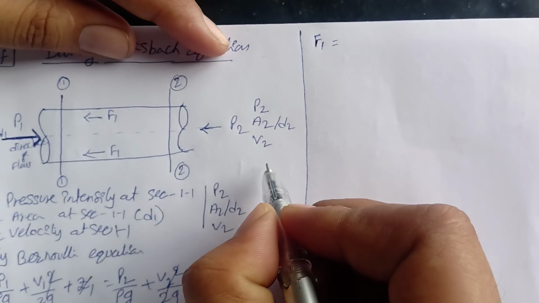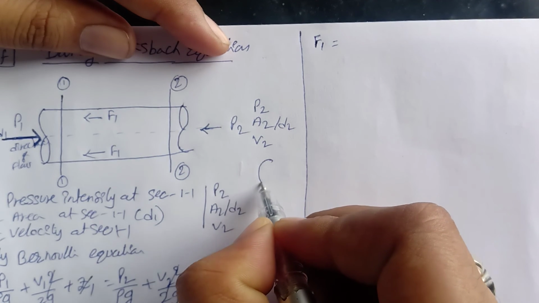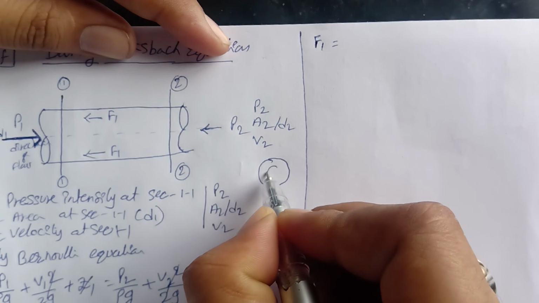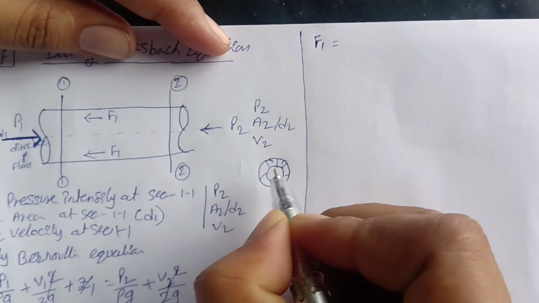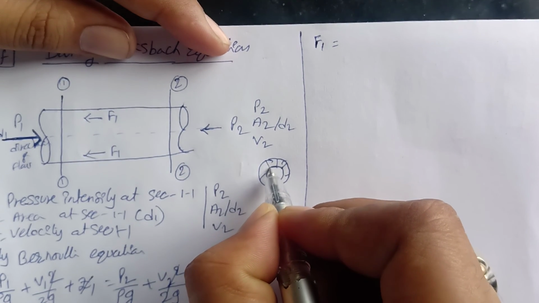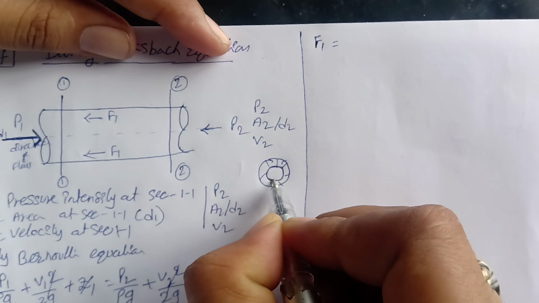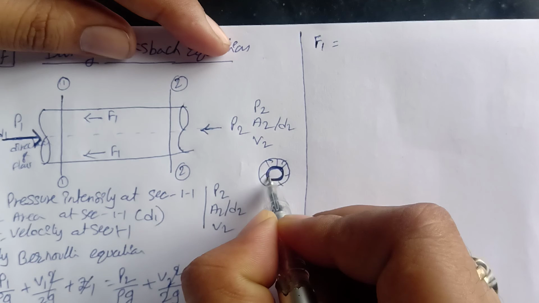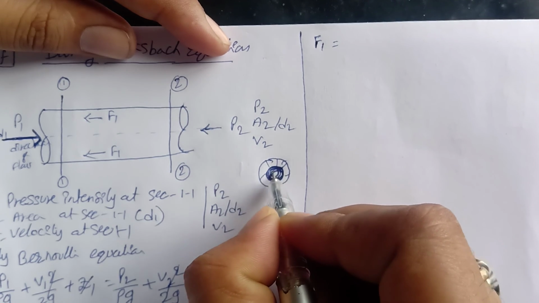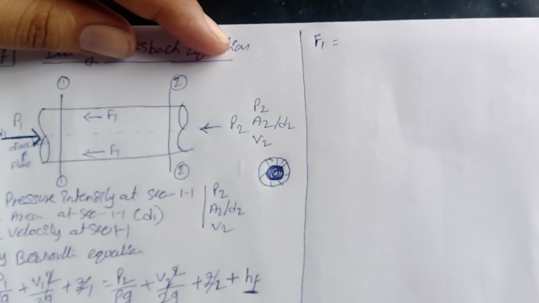If this is the diameter of the pipe, the water flowing will wet only this diameter, so water will flow only through this diameter, that is called the wetted diameter.